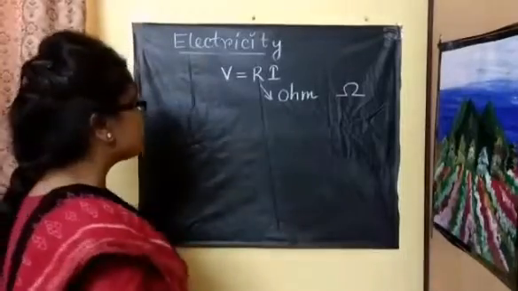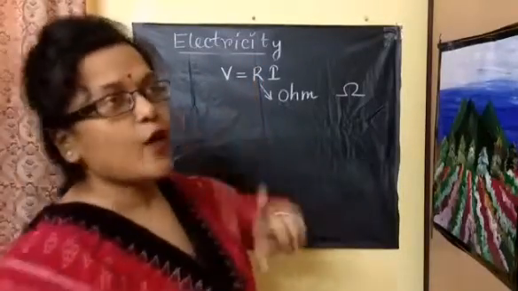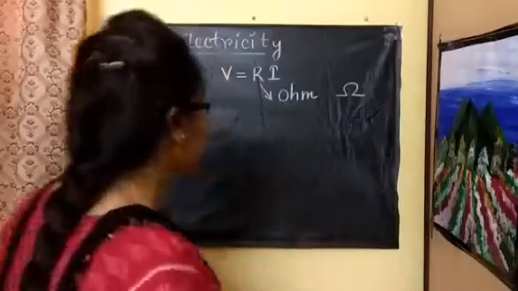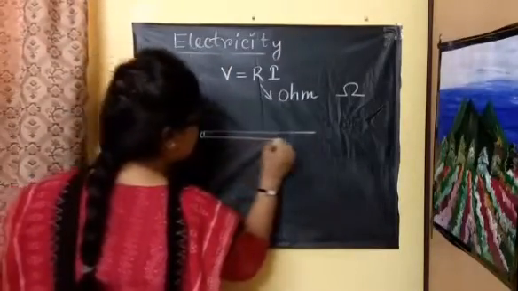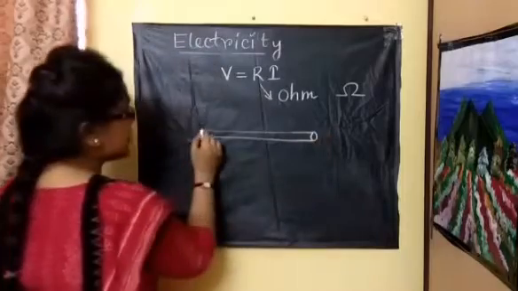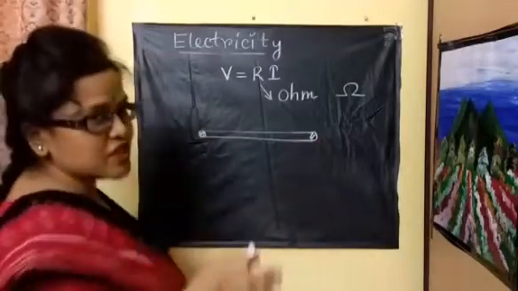Now come to the factors: this resistance depends on a few physical properties of the conductor. What are they? Suppose I have a long cylindrical conductor. It has a cross-sectional area.